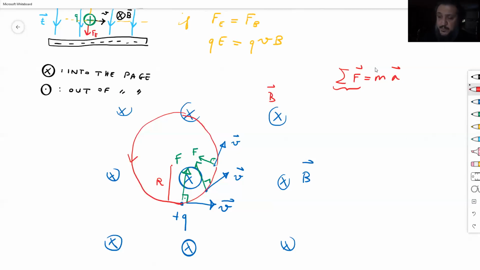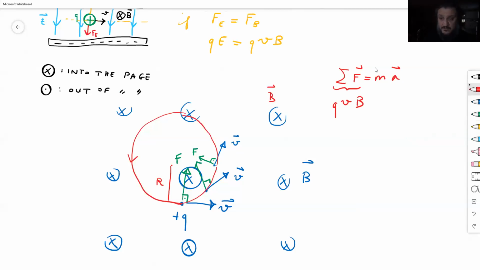Now the angle between v and B is already 90 degrees, because any vector on this plane will be perpendicular to the magnetic field, which is into the page. So sine 90 is 1. So the force is simply qvB. That's the left-hand side, the only force acting on the object.